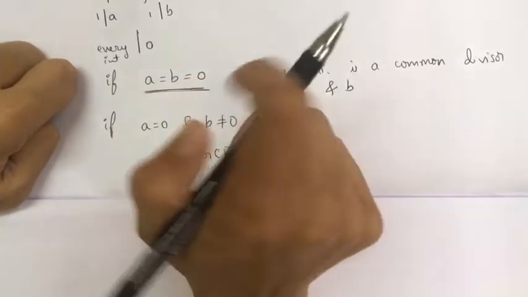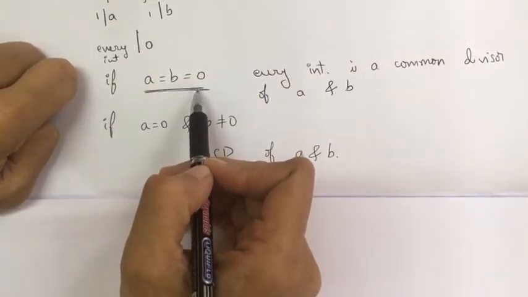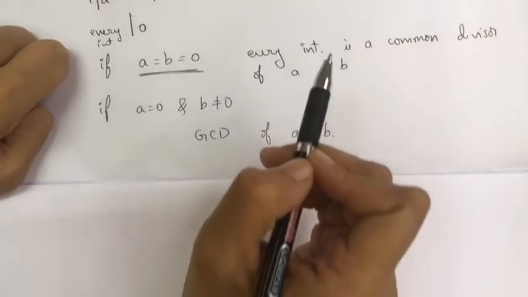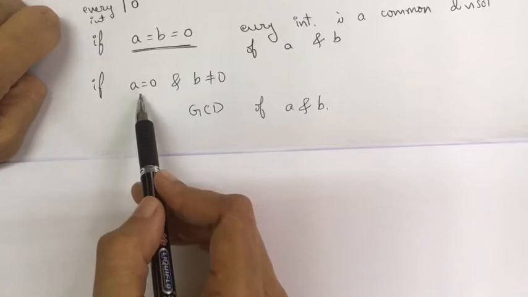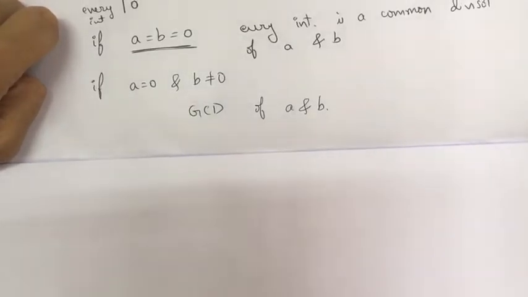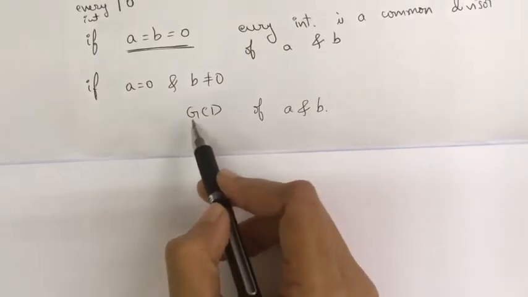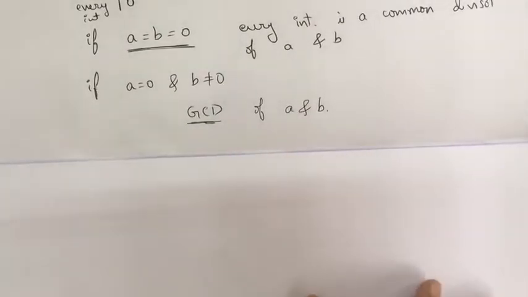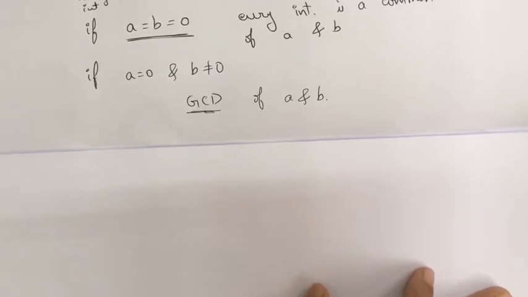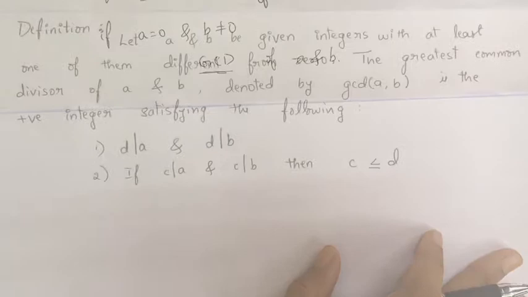If both the integers are zeros, then the set of common divisors is infinite. If any one among the integers is equal to 0, then the set of common divisors is finite. So among the finite set of common divisors, the largest one will be the GCD, the greatest common divisor. So let us define GCD.